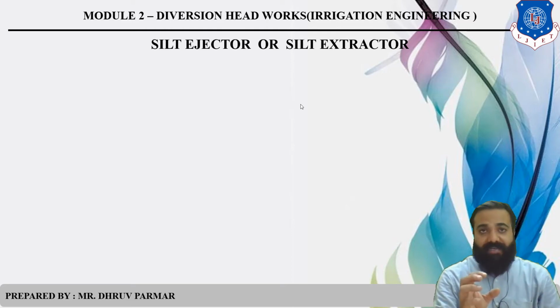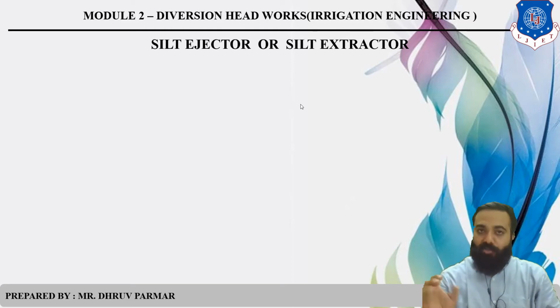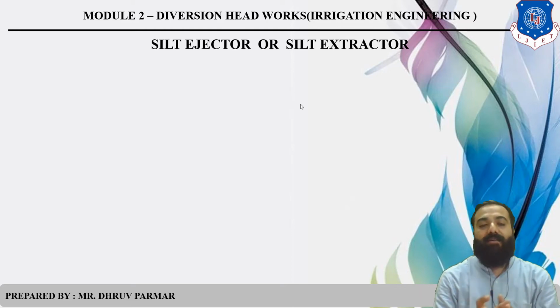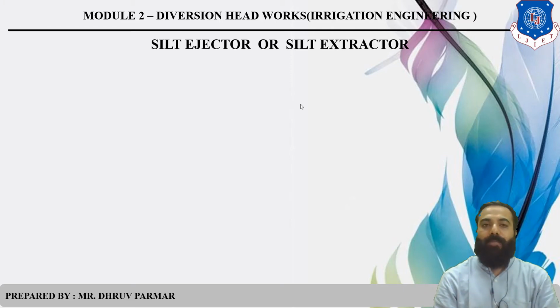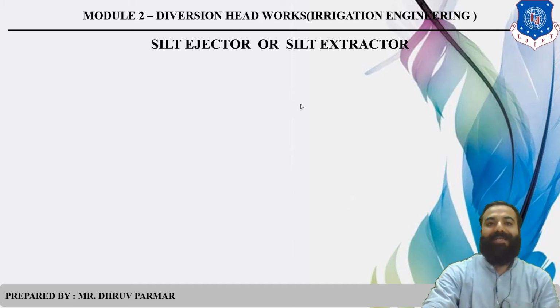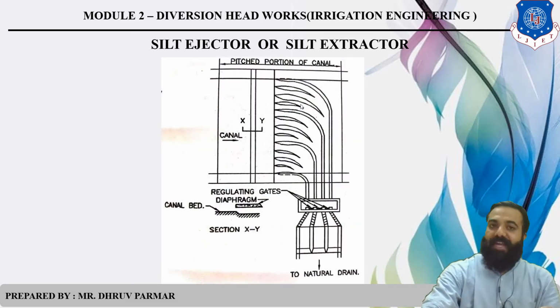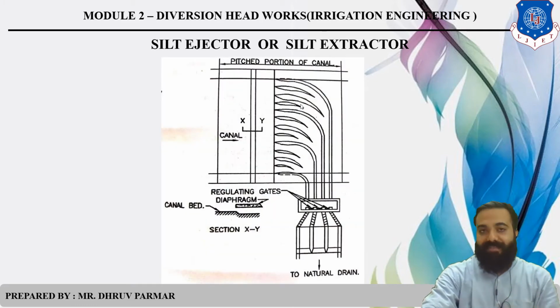When some silt has already entered the main canal, that silt can be removed by the silt ejector. The purpose is the same, to remove the silt. But silt excluder is provided on the upstream side of CHR, while silt ejector is provided on the downstream side of CHR.